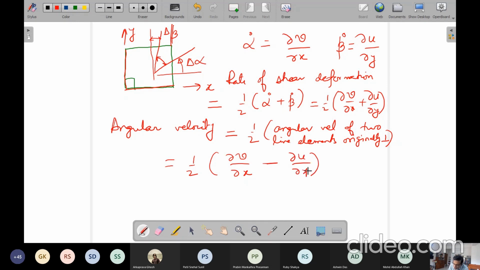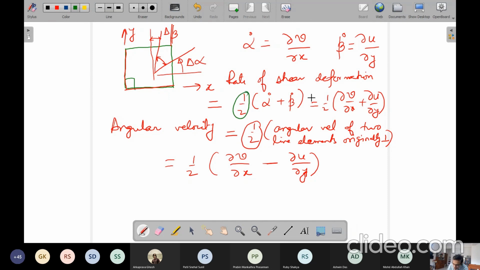y. See, I will tell you certain things which are very, very important. First of all, when we talk about the angular velocity, normally we take this half intrinsically, but when we take the shear deformation, this half we do not intrinsically take to begin with.